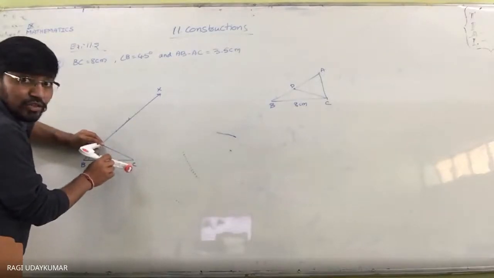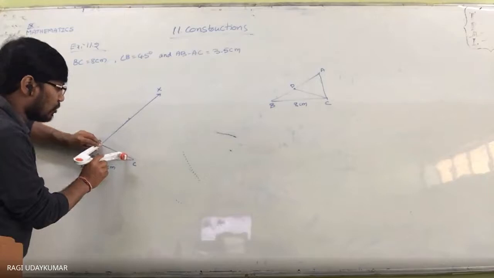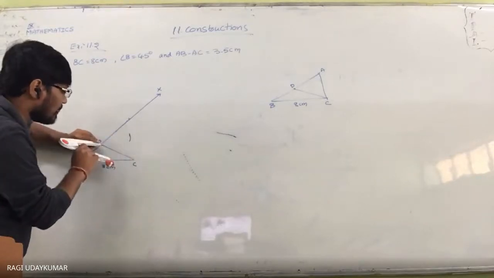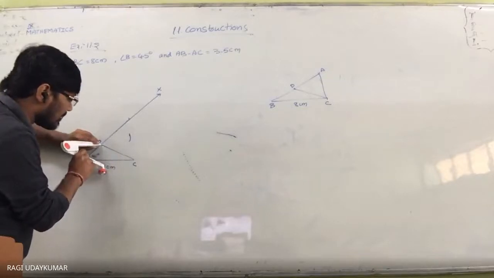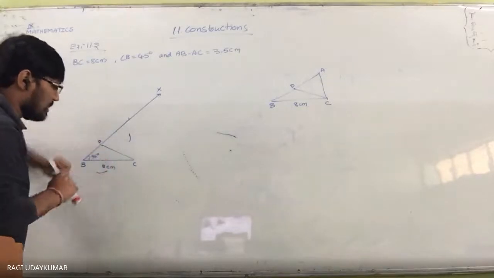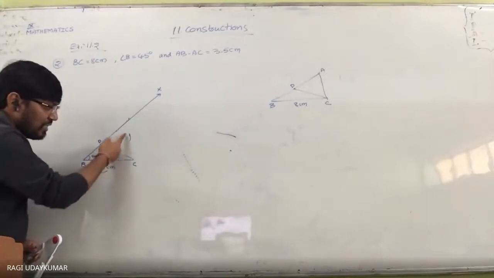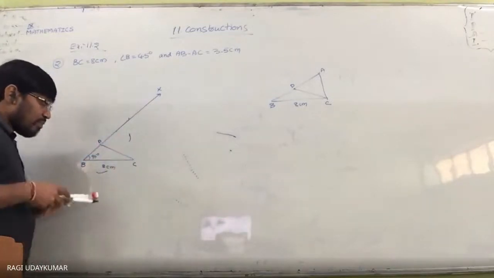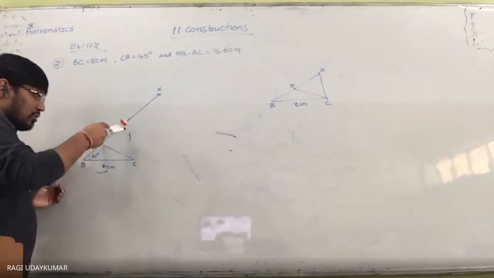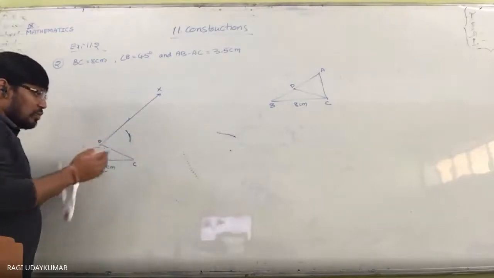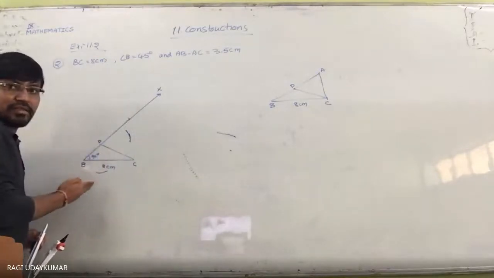More than the CD length should also not be taken, it should be a little less than that. So next, with this one as a center, draw one arc. You can see that the perpendicular bisector will approximately be in that place, so arcs should be drawn in that place like this.